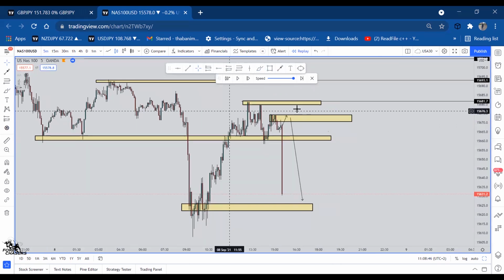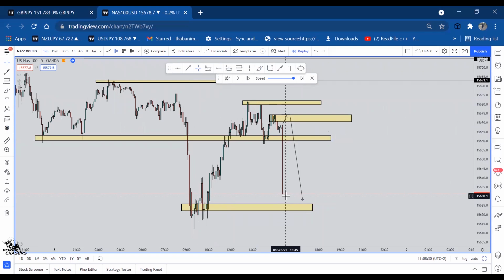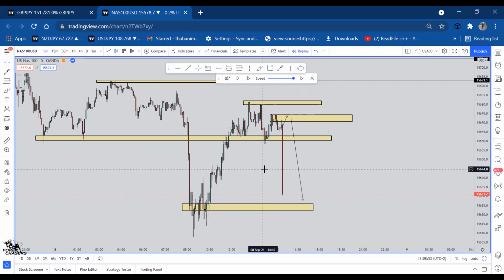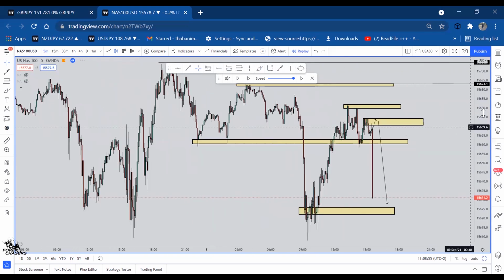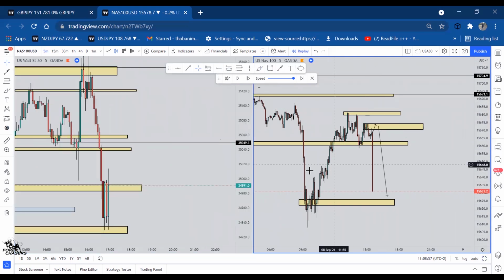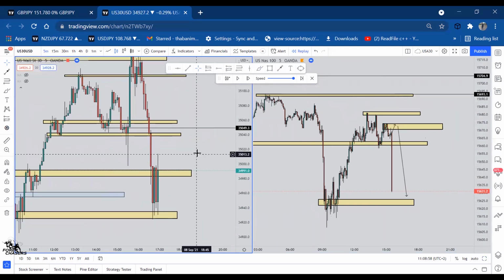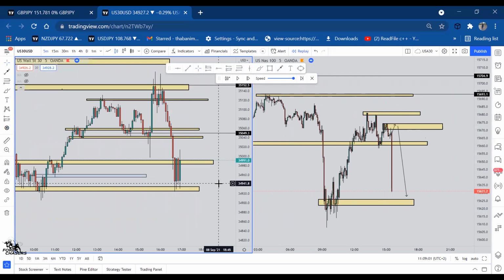Let me just remove this, and then this again. You can see that we did get this retest, and then it shot all the way to the downside. So this is basically how our recap went, but I didn't call this trade on NASDAQ, I called this trade on US30. We made a lot of money on this position, just this position alone.